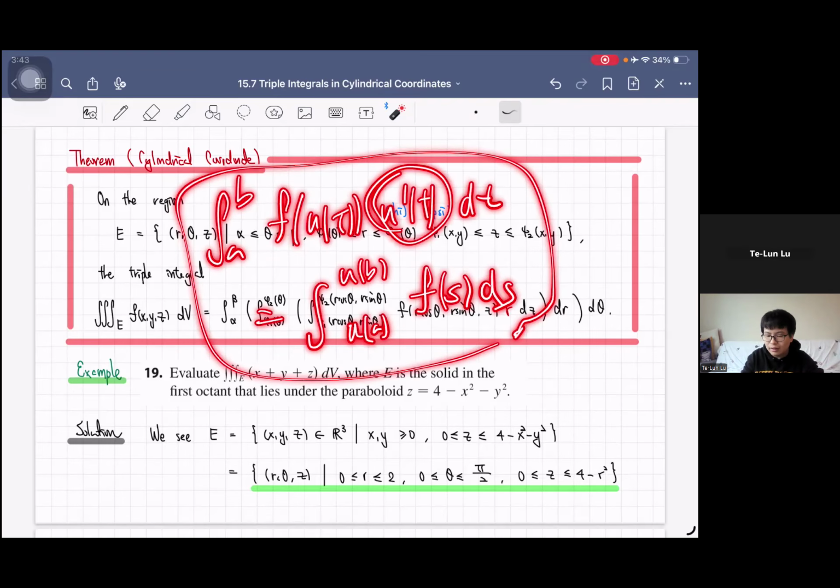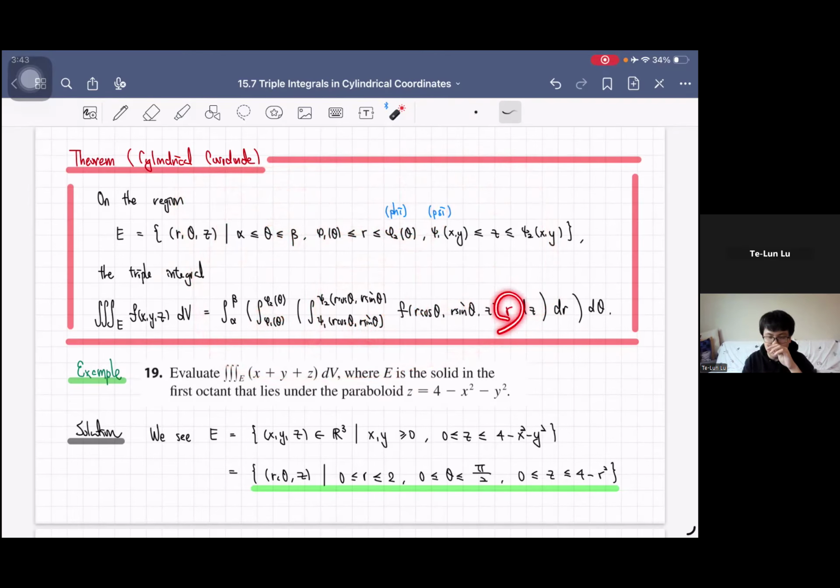So this u prime of t is something like the so-called Jacobian, the additional differential term you get if you want to change the variable. And that is r. We will introduce a very general formula in 15.9, but for now, for the cylindrical coordinate, we have to add this extra r. Okay, so three things: integrand, boundary or domain, and thirdly, the Jacobian.